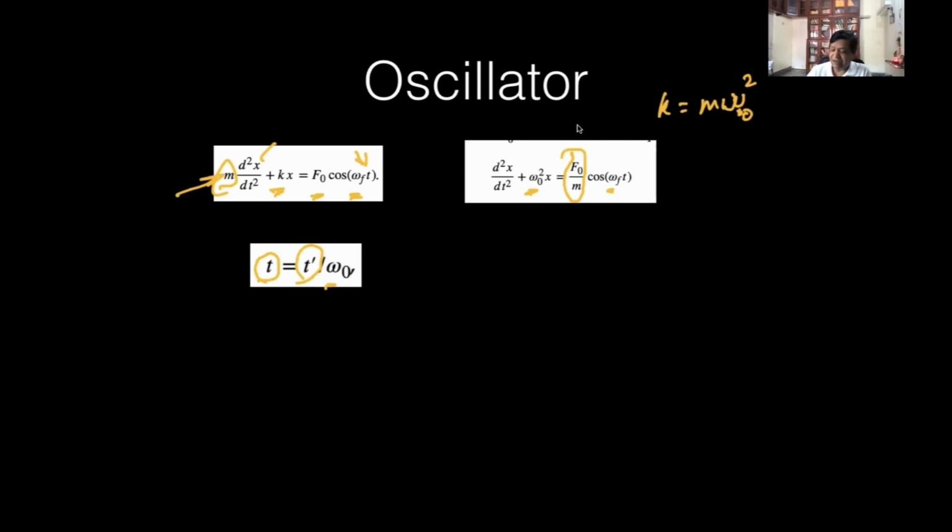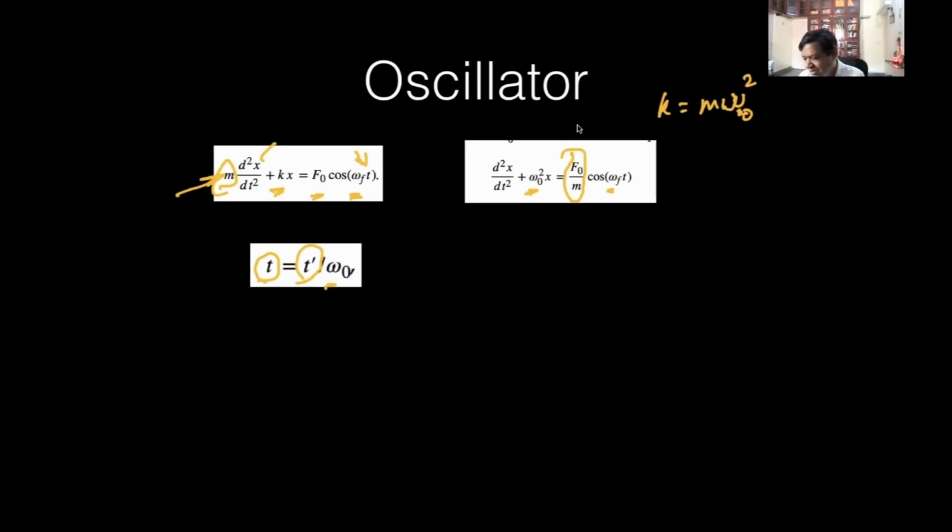Is it seconds? It is non-dimensional, no unit. t prime should not be seconds. t prime equal to 3 seconds, not possible. Or 0.3 second or 3 microsecond, no. t prime is non-dimensional.